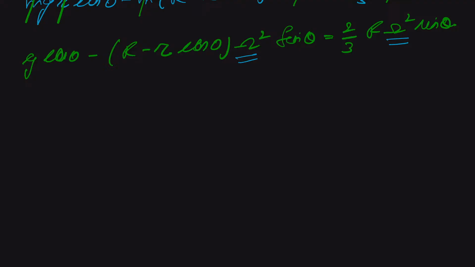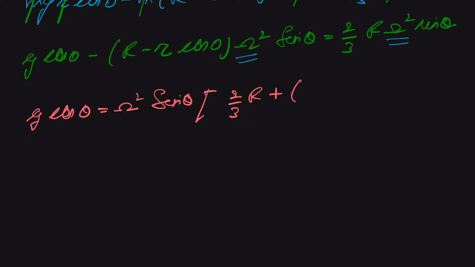So we can write this as g cos of theta will be equal to our omega square sine of theta, we can take as common, and we get this as our 2 by 3 times R plus R minus small r cos of theta. Okay.